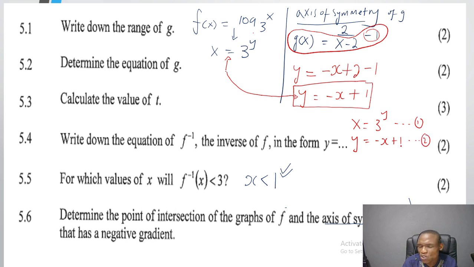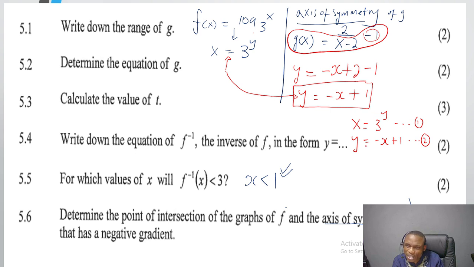Another way of finding the point of intersection of two equations is by using simultaneous equations. So now I'm going to substitute equation 2 on equation 1. Okay, or which one should I substitute? Yeah, I'm going to substitute equation 2 on equation 1.